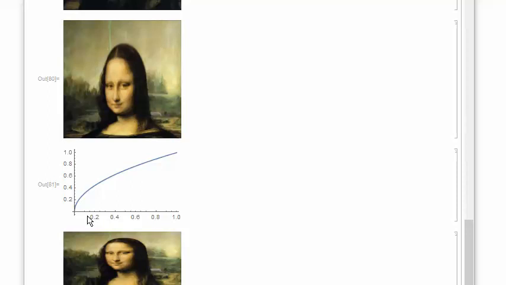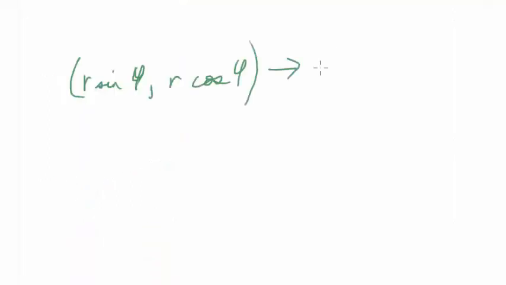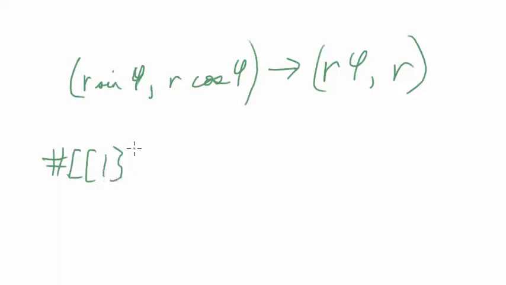What we're going to do is take our sinh phi comma cosh phi and turn it into r phi comma r, and see if we can come up with a method where all we've got is pound 1 and pound 2, in other words, x comma y.